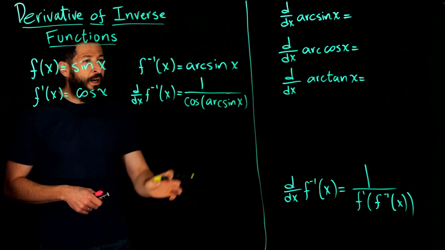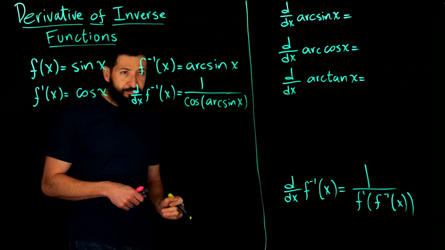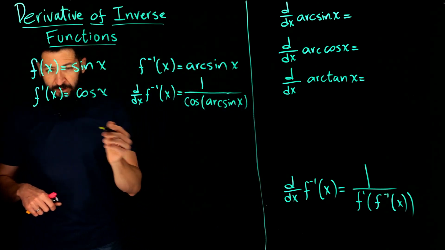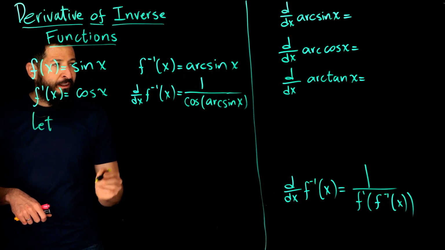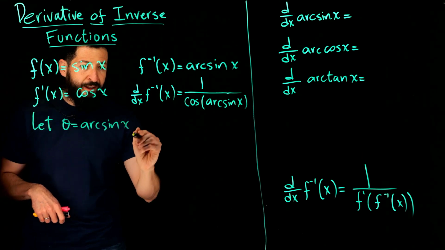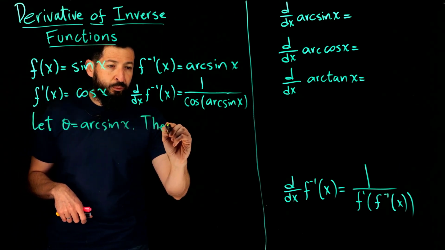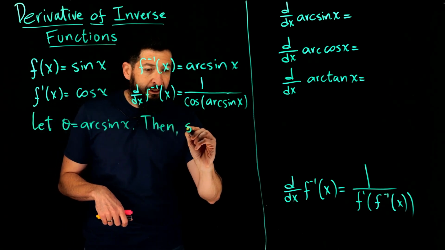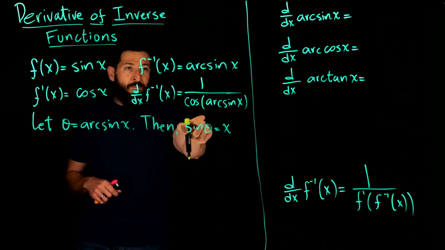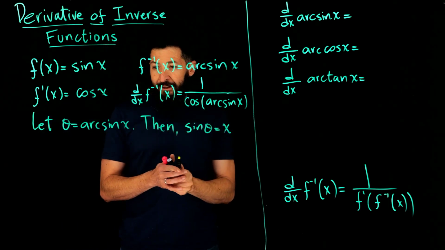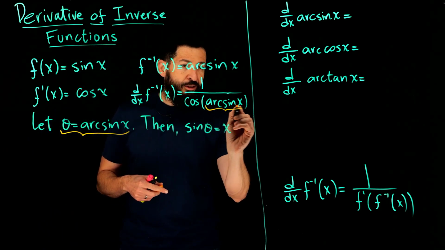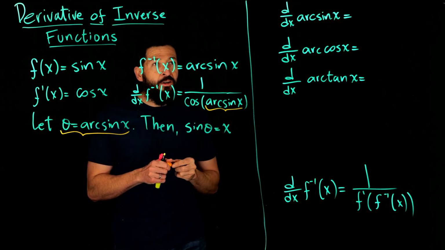So now we have to figure out how we write this expression in terms of an algebraic form. So let theta be the arcsine of x. Then what we have is that sine of theta equals x, but what I'm looking for here is just cosine of theta. You see, I wrote theta to be the arcsine, so I need to find an expression for the cosine of theta.